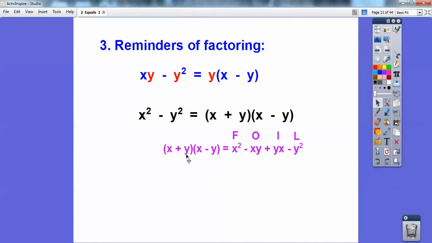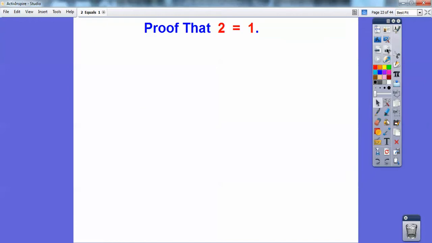I means inner times inner, so positive y times x is positive yx, and these guys are the same except that has a minus and that has a plus. Finally, last times last, so positive y times negative y is negative y squared. Here these guys will cancel out, so you're left with x squared minus y squared. So if you ever see x squared minus y squared, that factors out to x plus y times x minus y.